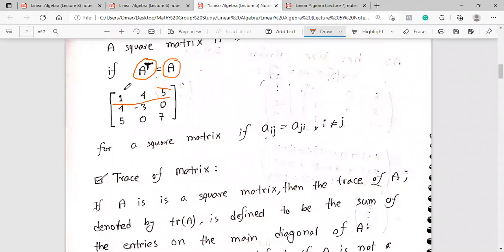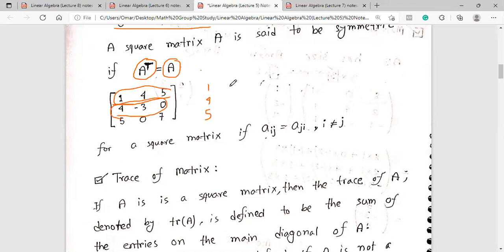So I will write this down as the first column: 1, 4, 5. And then this is our second row, so I will write it down as a column, like 4, -3, and 0. And the last row, I will write down as a column, right? 5, 0, and 7.